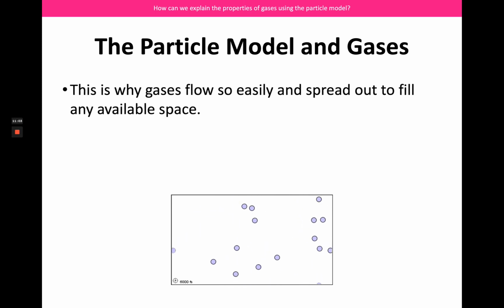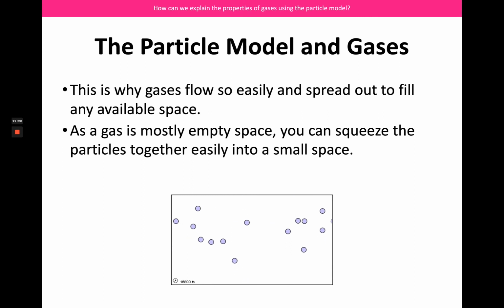This explains why gases can flow as well, and also explains why they can spread out to fill any available space. So when you're in a room, the entire room has got air in it. It's not just at the bottom, it's not just at the side. The air particles are completely spread out throughout the room, so they would take up any available space.